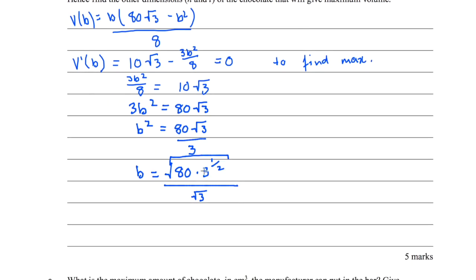All right, what happens here? Well, remember, if you have anything multiplied underneath a square root sign, you can take them separately and give them both their own surd. So it's the square root of 80 times the square root of 3 to the power of 1/2. Well, that's just this times 3 to the power of 1/2 to the power of 1/2, all divided by 3 to the power of 1/2.